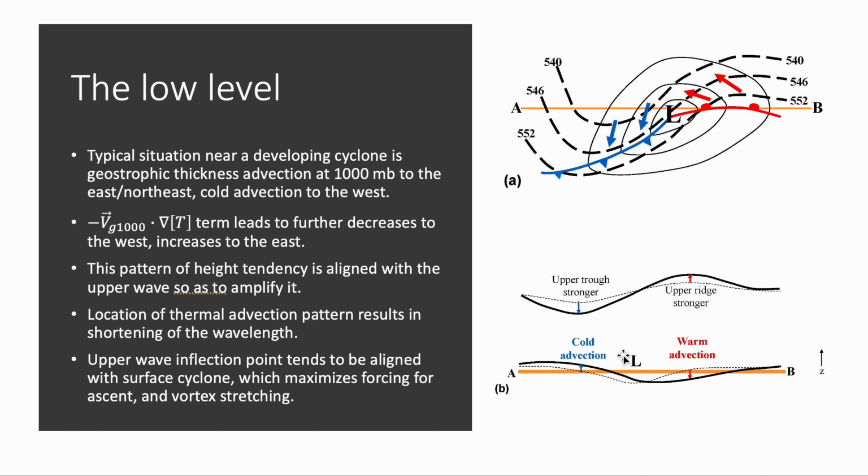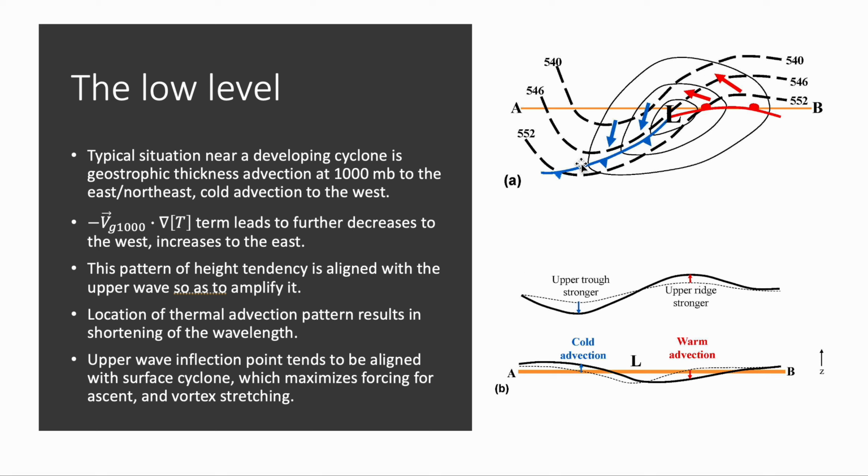Okay, and this is another way of seeing it, where we're just looking at this AB cross section over here. This is a function of height, and warm advection here to the south, again driven by 1000 hectopascals, is causing a thickening of the column, and here it's causing a decrease in the thickness of the column.